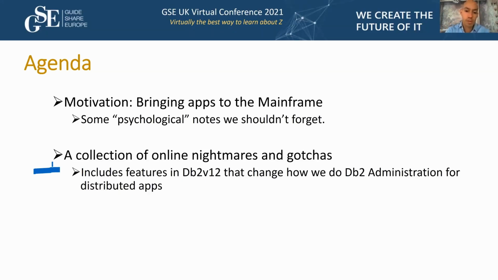I will have to say that I'm going to cover only features from DB2 12, because if I were to talk about the other best practices, I would need several days. Everything you know from version 11, 10, and before still pretty much applies. But I am going to describe how DB2 12 came to change a bit how we do things.